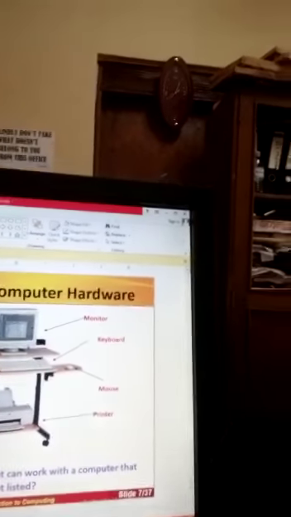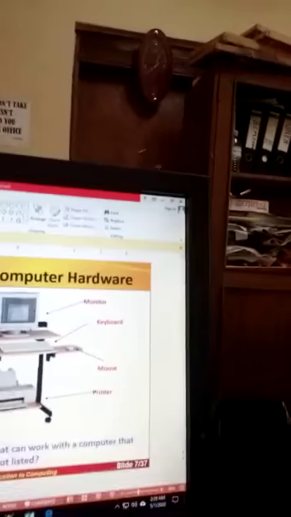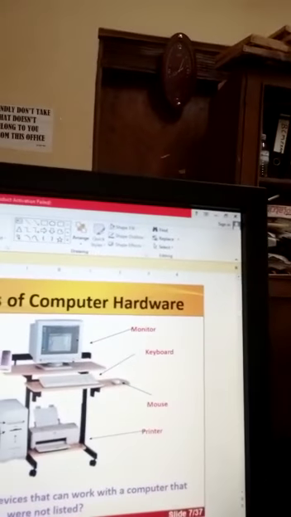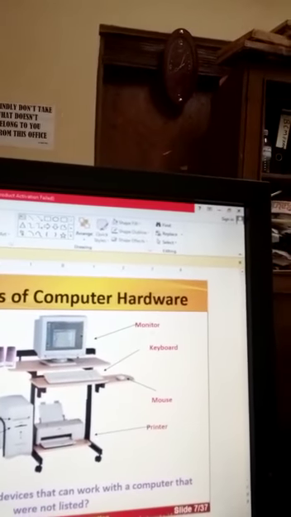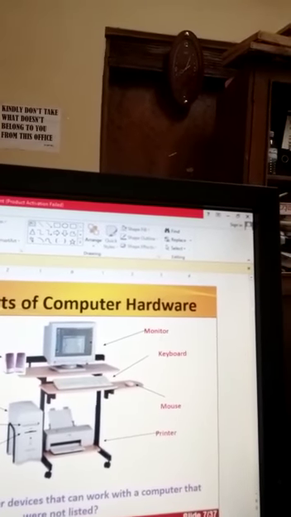Okay, you can see how I have named those parts. Okay, we have the monitor, keyboard, mouse, printer. Those are parts of a computer hardware. Okay, and we now move on with our lesson.